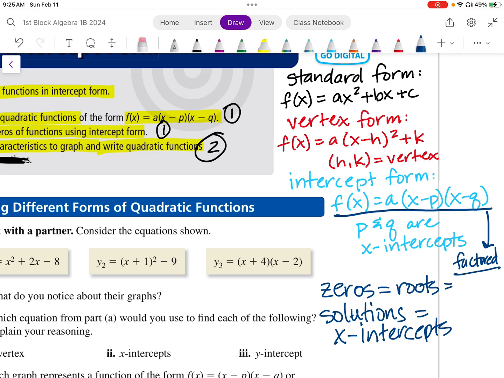Okay, so all intercept form is once you have factored, if it fits this pattern where you have an a, greatest common factor you've pulled out, or it might be 1, so you may not have that, and you have 2 binomials, x minus p, x minus q. And of course, they could be x plus q and x plus p also.